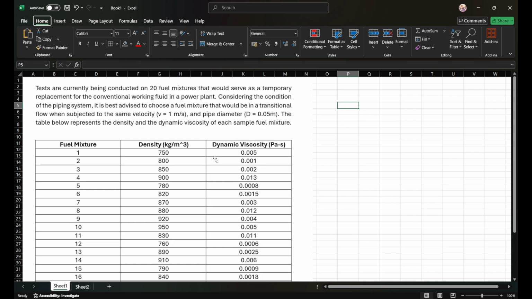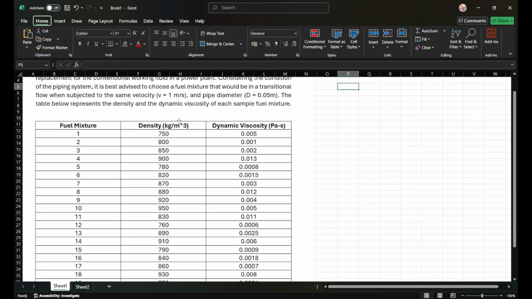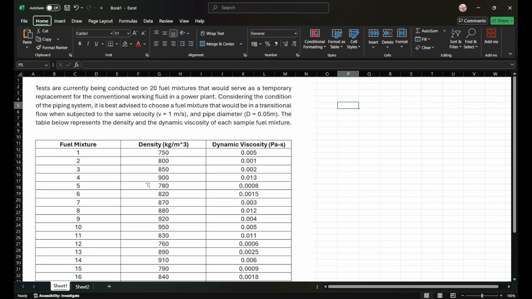So as we can see here, we have 20 samples of our fluid mixtures, and these are the data that we will use to compute their Reynolds number, since our goal is to have a transitional flow.